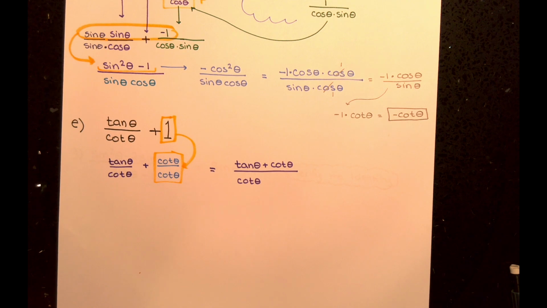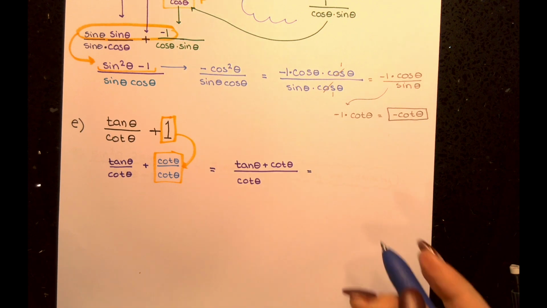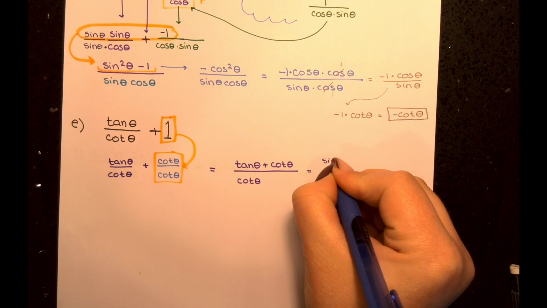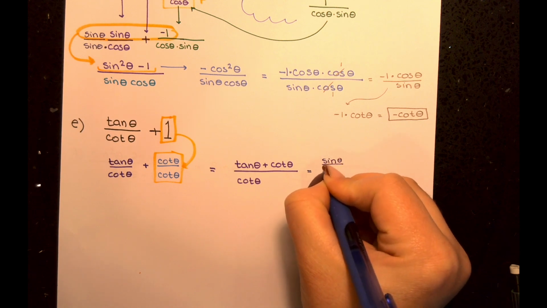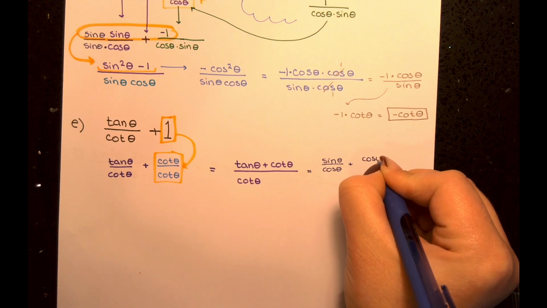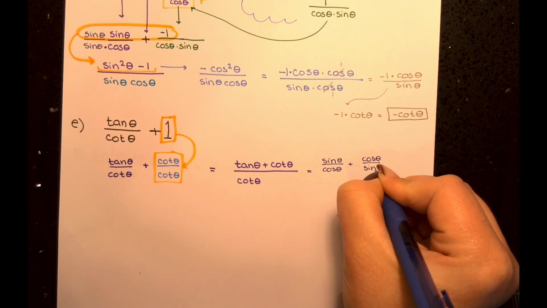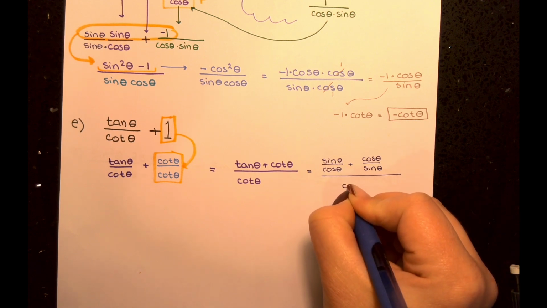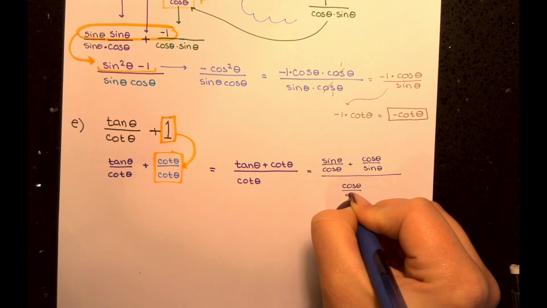Okay, so we have, and I'm thinking maybe I complicated my life here. Oh, let's just keep going. Perhaps the other way would have been better. Perhaps. Live and learn, right? All right, so tangent is sine of theta over cosine of theta plus cotangent is cosine of theta over sine of theta, all over cotangent, which is cosine of theta over sine of theta.